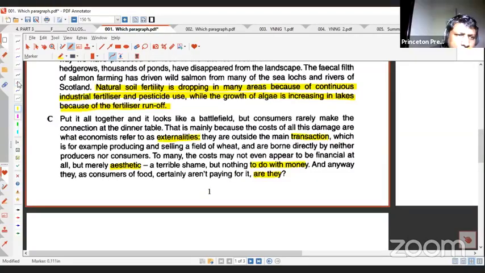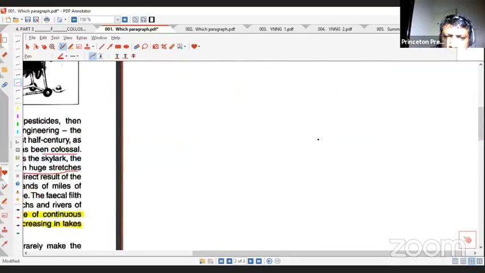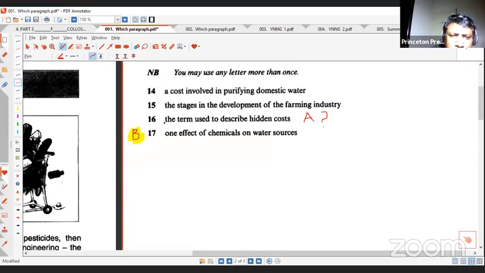Yeah, could be, because these are the hidden costs, all the costs we are not counting, but these are the costs we are indirectly paying because our environment is degrading. I believe this one, so it should be C. Okay, so we can cross it out and write it here.